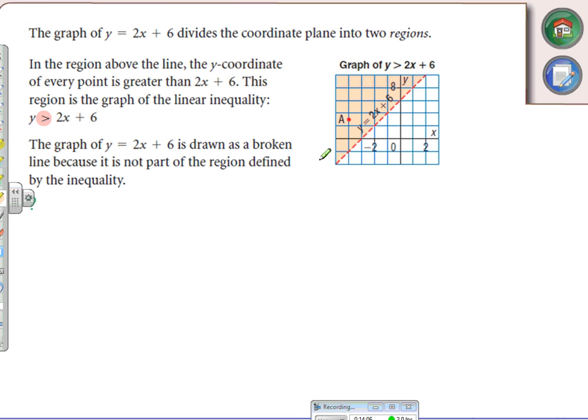The line itself is the equal to line. The inequality I have written here is just where is the graph, the y values, above the line. That's really what it's saying. Where is the graph? That's the y part. Above, that's the inequality, the greater than, the line. And the line is the 2x plus the 6.